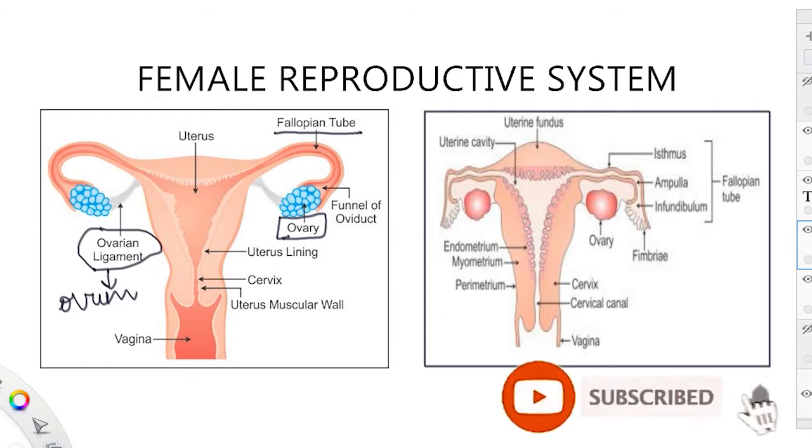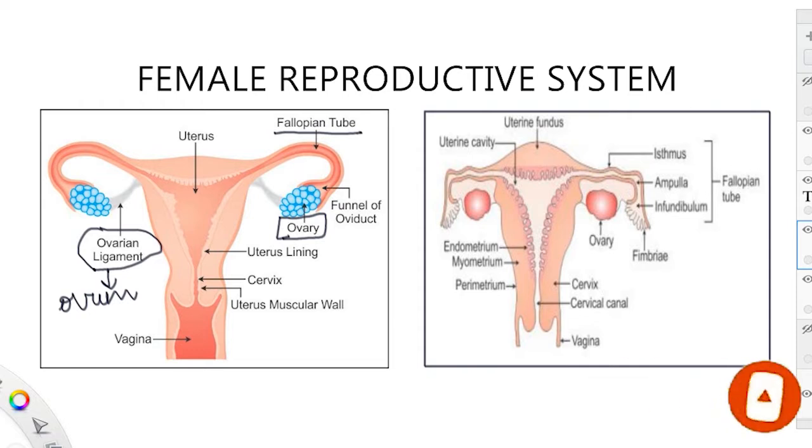Now when you come to the fallopian tube, you also have to understand the three parts of which this fallopian tube is made up. The second figure that you can see gives you the details of the three regions of this fallopian tube. The finger-like projections which you can see in the figure are termed as fimbriae.